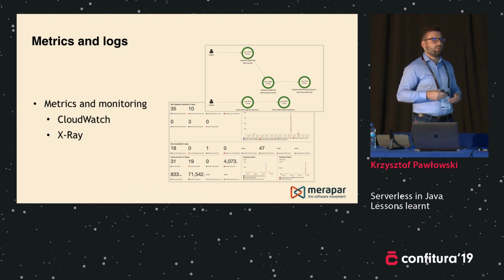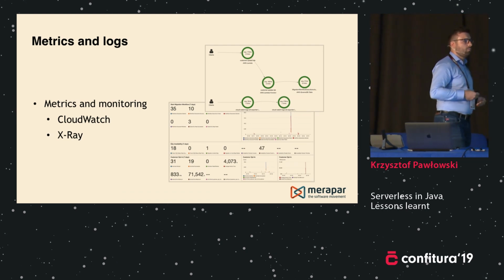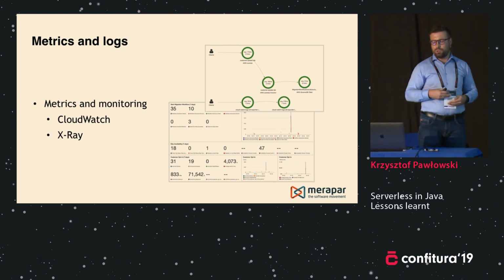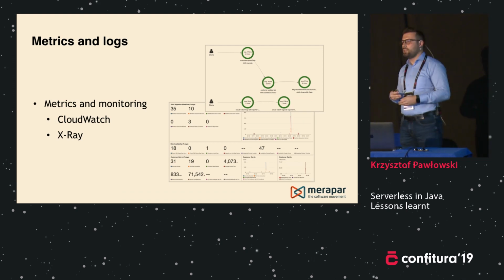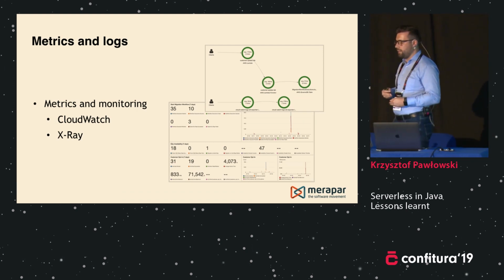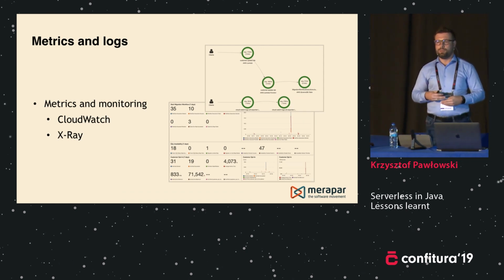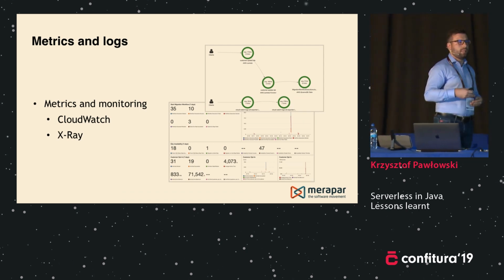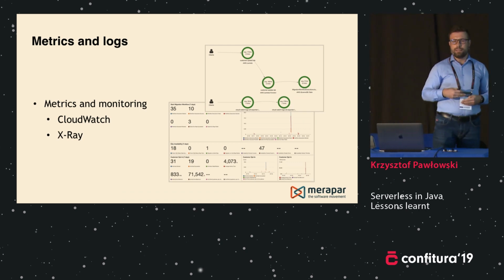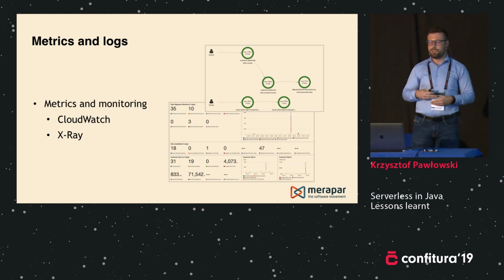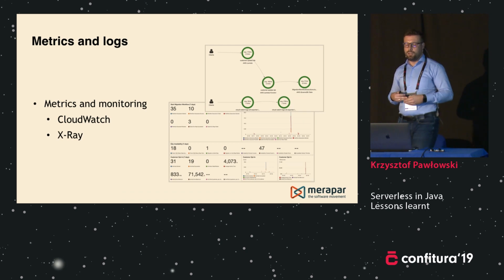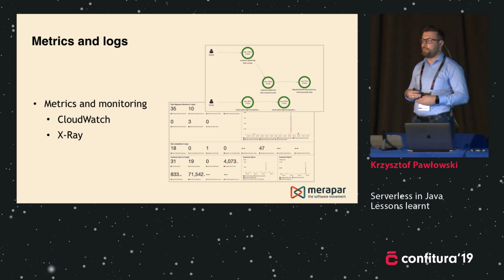But before you start debugging, maybe the wise approach would be to look at the metrics and logs to see what happened. What we really liked during the development of our application, and also during testing and running it, is that AWS provides a lot of metrics that help you monitor your application.